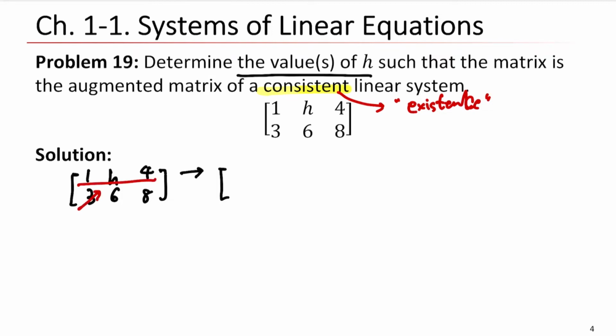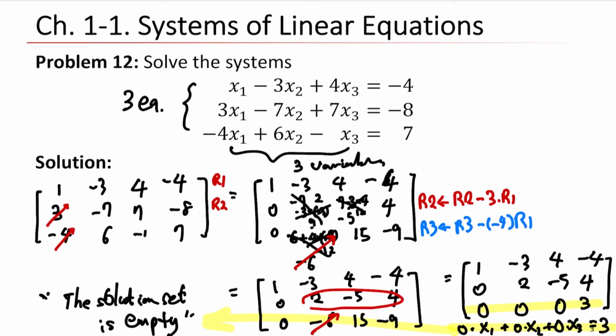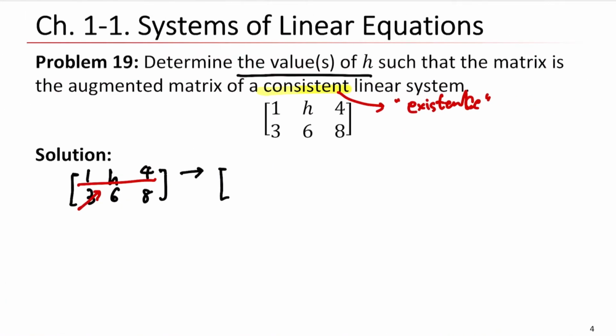From now on I will skip this, but you try to imagine each step of the operation. By using this, we can find the echelon form of the original augmented matrix: 8, 4, 6, -3h, and -4, right?